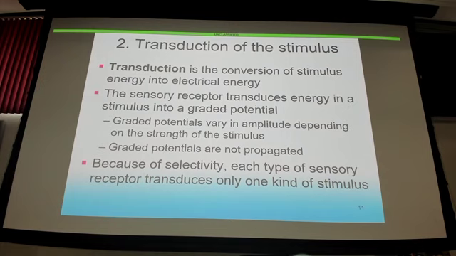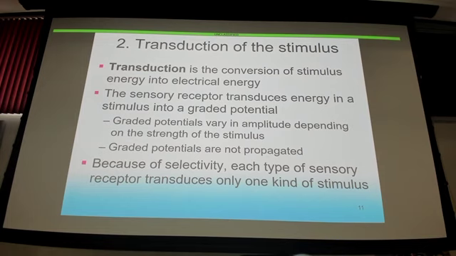So we're going to talk about potentials. A graded potential can vary in amplitude. You could say that a different way and say, well, a touch could touch that area or a larger area, and you could have a different amplitude of the response to the stimulus.